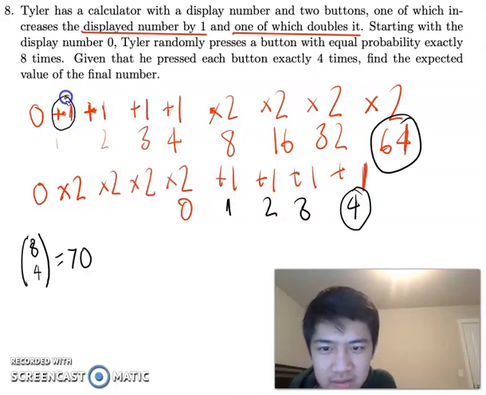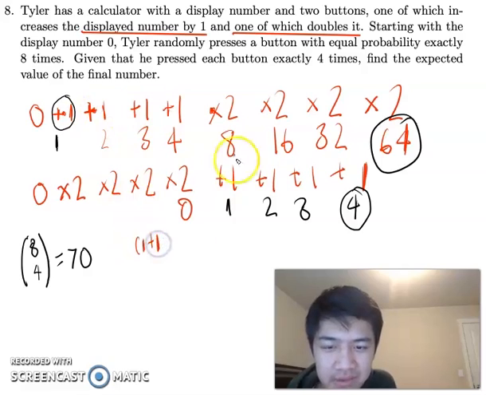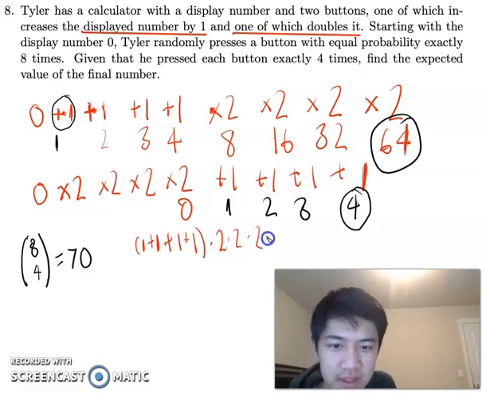It adds the 1 here, but later on, how is this 1 that's added here affected? When you add on this plus 1, it looks like 1 plus 1, and we can keep doing this. It's going to look like 1 plus 1 plus 1 plus 1, and then we multiply by 2 times 2 times 2 times 2.